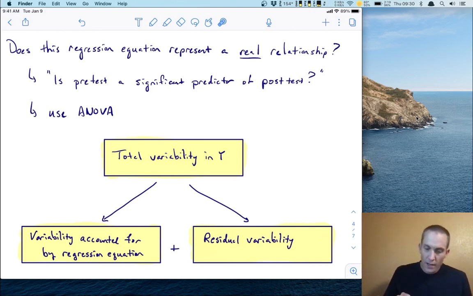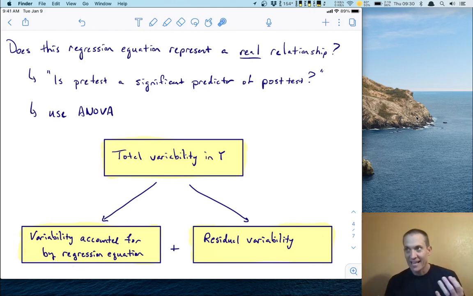Here's how it works. Remember, ANOVA works on the notion of partitioning variance. You take the total variability in something and you partition it into pieces that represent one thing versus pieces that represent another thing. Well, that's really what's happening here. We take our total variability in the y variable, okay, and then we partition it into two sources. We partition it into the variability that is accounted for by the regression equation.